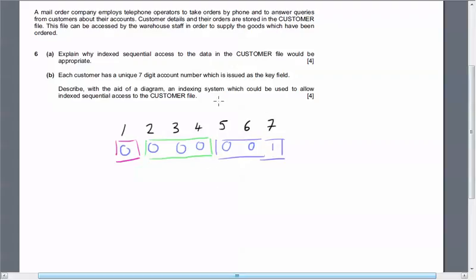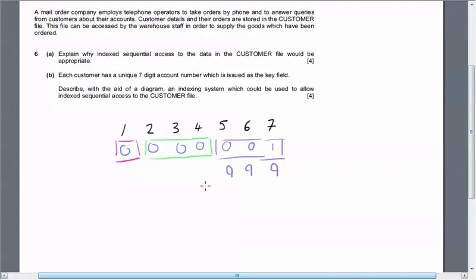It's not until we get to 999 that we're going to need to start thinking about moving on to this section as well.